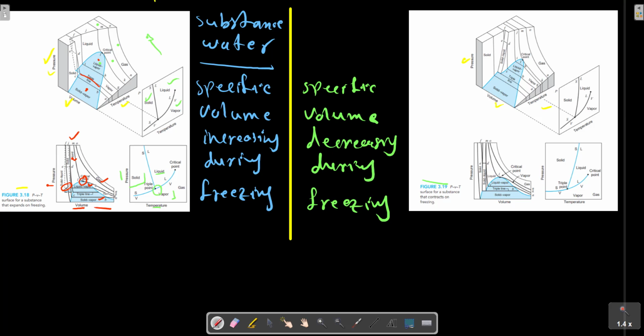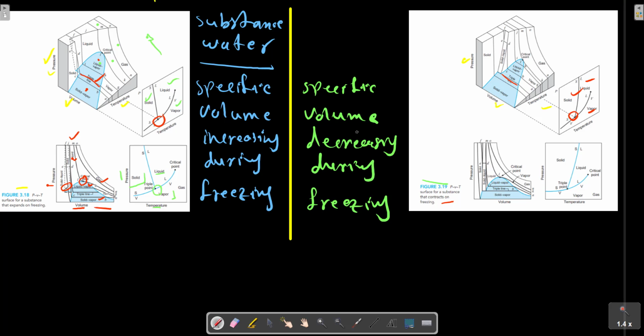The triple point actually appears as the triple line on the PVT surface, this line and this point in this picture. Also we have the triple line and triple point, and various solid, liquid, vapor areas for the substance that contracts on freezing.